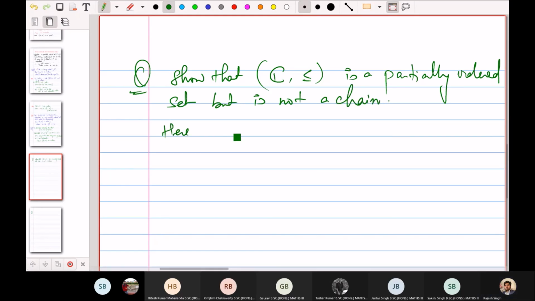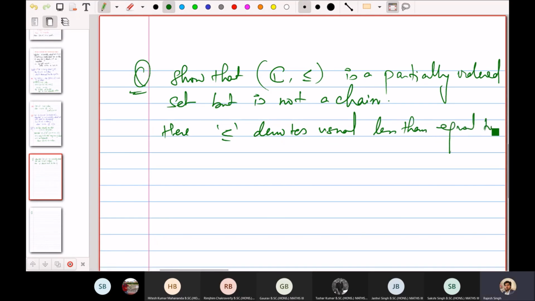Here this denotes usual less than equal to. ठीक है? So you have to show that it is a partially ordered set. ठीक है? बट इट इज नॉट अ चेन.